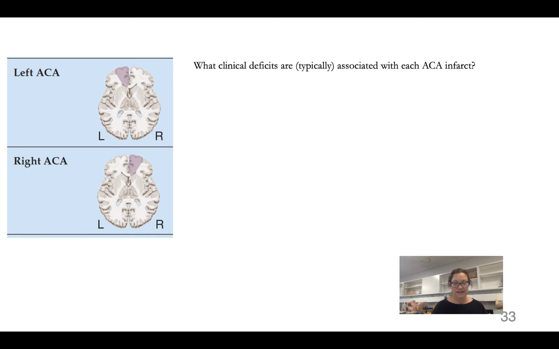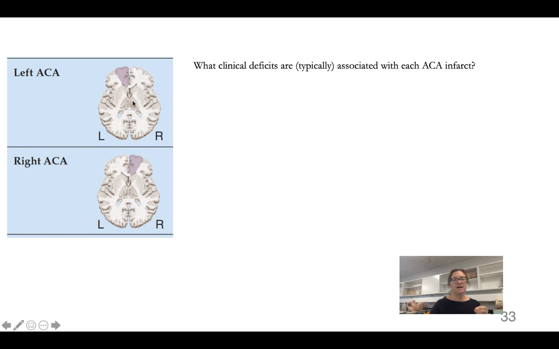So it's primarily a lower body deficit. Sensation to the genitals can be lost. Typically, it's either the left or the right ACA that's affected, and of course those sensory motor deficits in the legs and the genitals will be correspondingly contralateral.